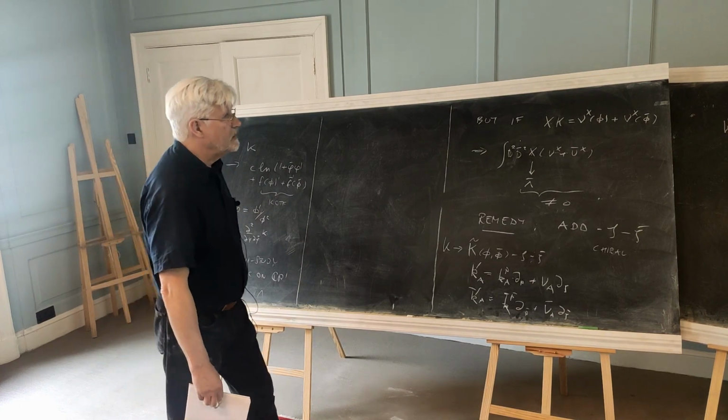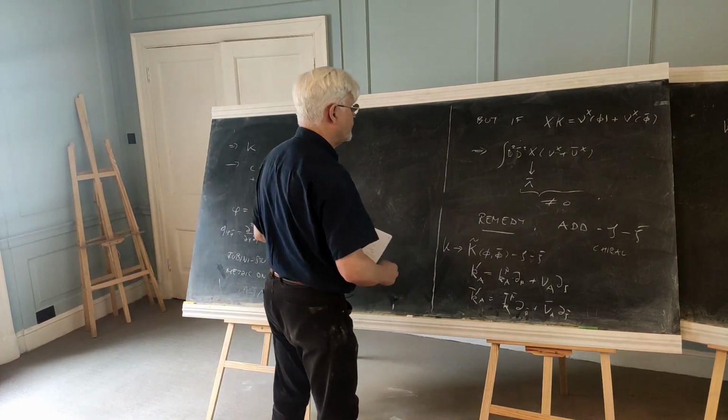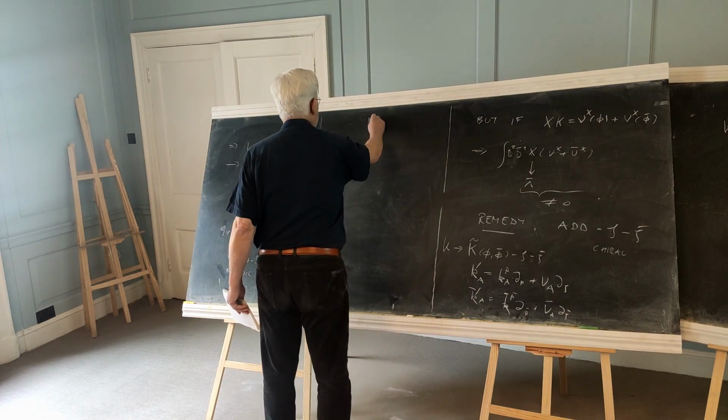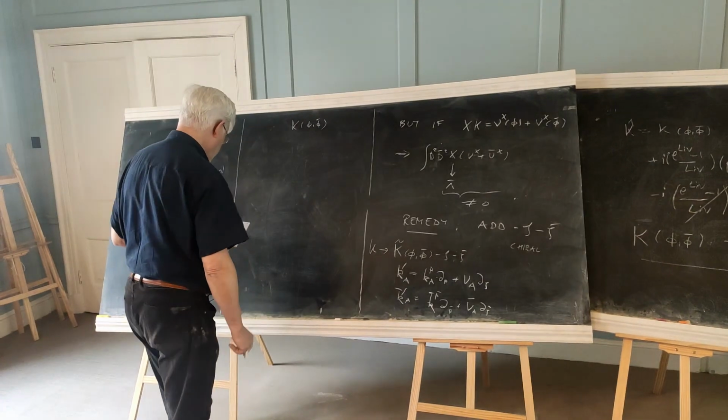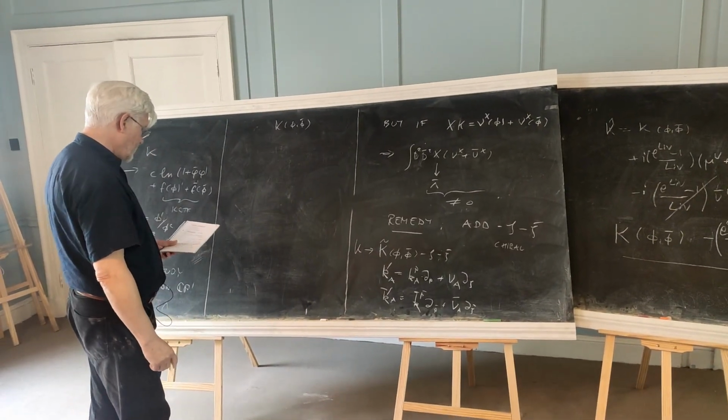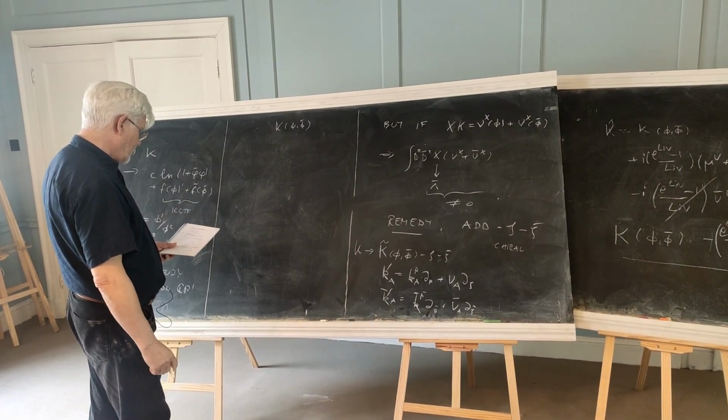So we start from a K of phi and phi bar, but we also need to gauge it.